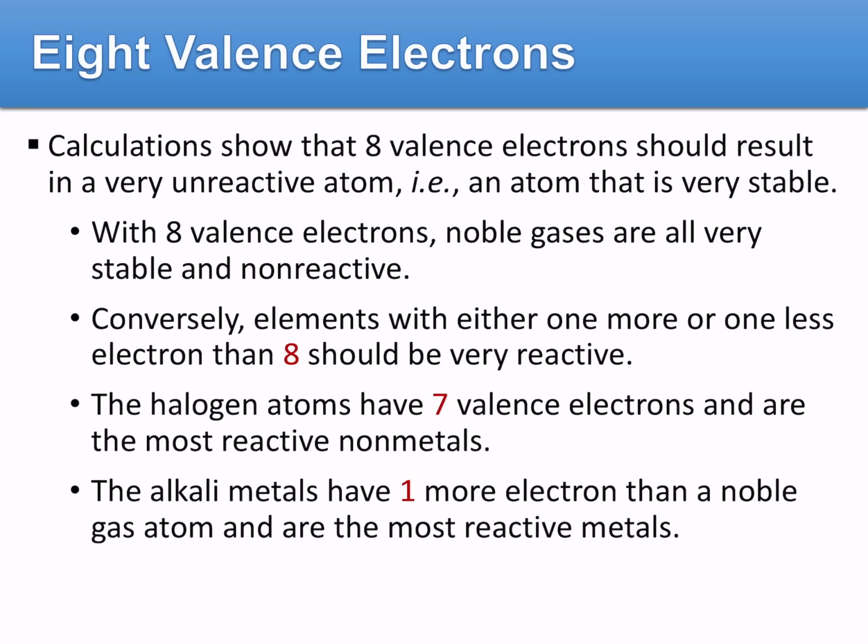That makes them the most reactive groups in the periodic table. It's just one electron. It's one electron losing or one electron gaining. Then they are very reactive for that reason. It's very easy for them to either lose an electron or gain an electron depending on the group that you are in. Okay, so once again, group 1 metals are the most reactive metals. Halogens are the most reactive non-metals.